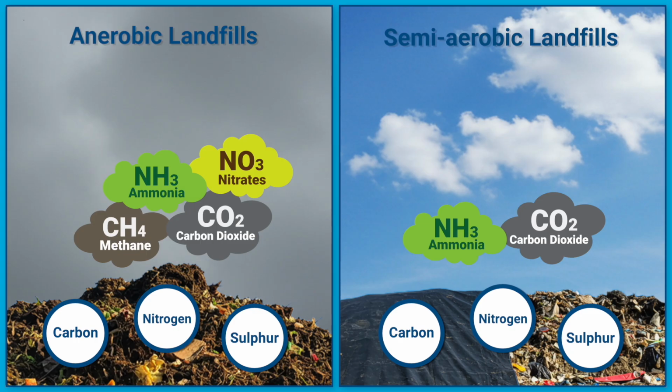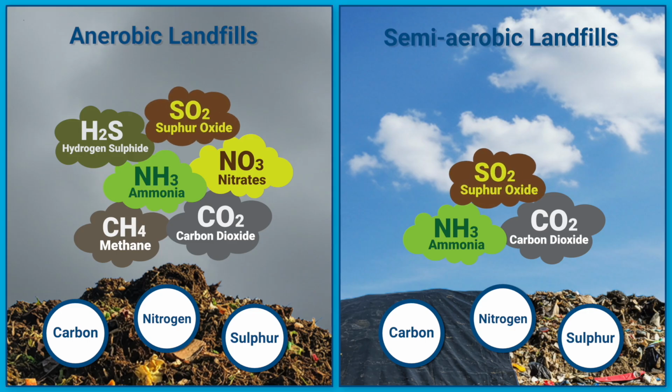For sulfur, anaerobic conditions generate hydrogen sulfide, known for its corrosive nature and toxic properties. On the other hand, aerobic and semi-aerobic landfills produce sulfur oxides, which are also pollutants but can be more manageable with proper gas treatment systems.